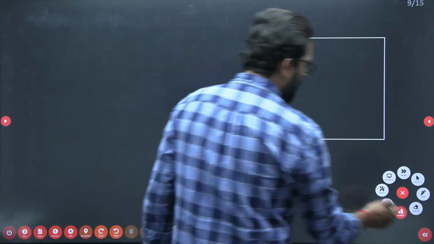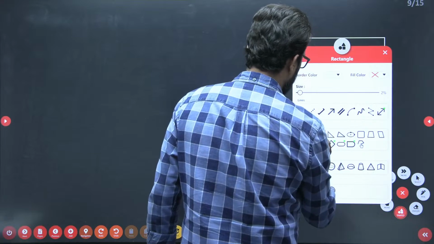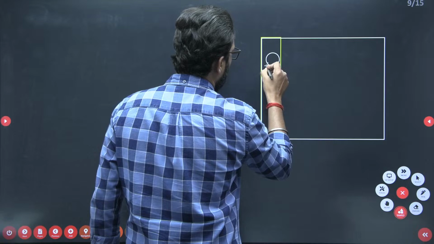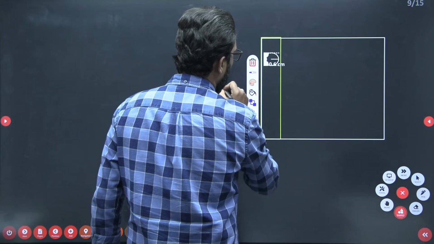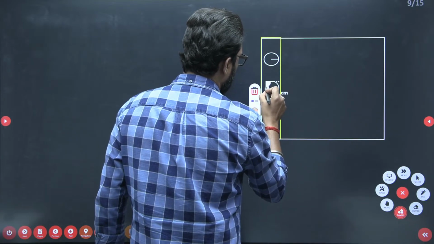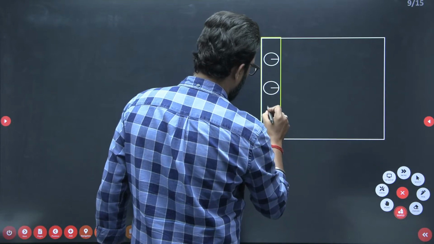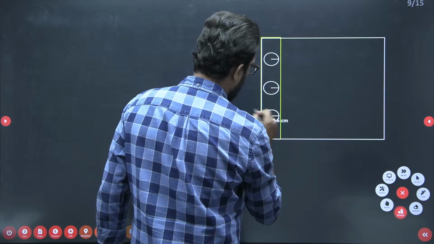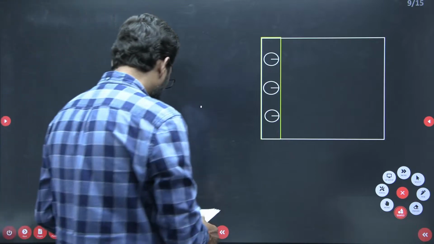Now you have to apply the load. There are 3 bolts: first one here, second, third. Clear? 3 bolts are there.